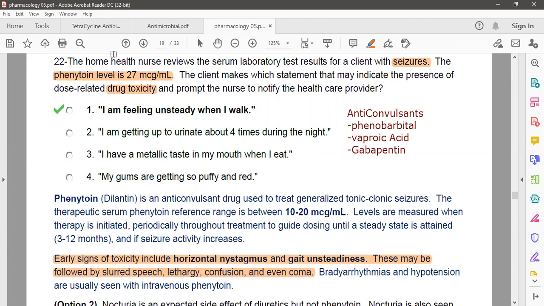About phenytoin, what are the nursing NCLEX tips we should know? Basically, phenytoin is better not given with food, and do not take it with oral birth control pills. Very important.